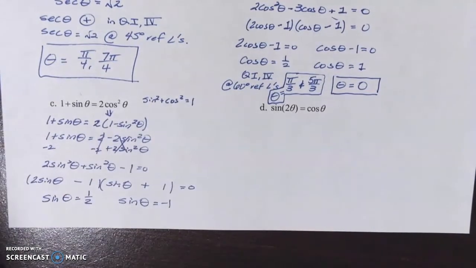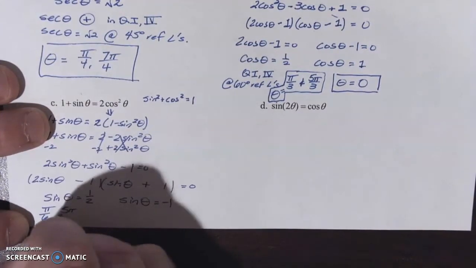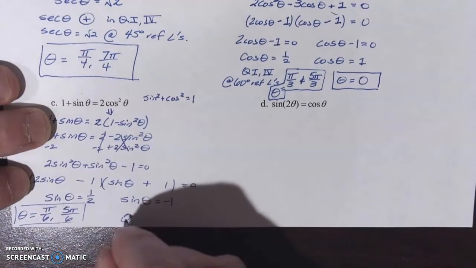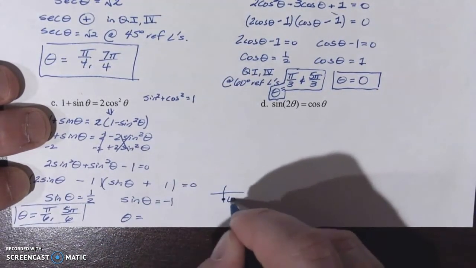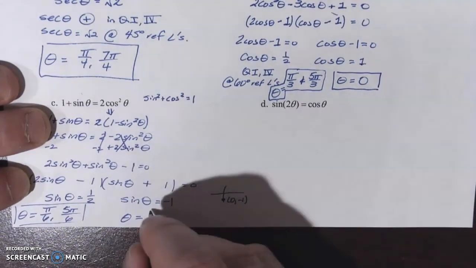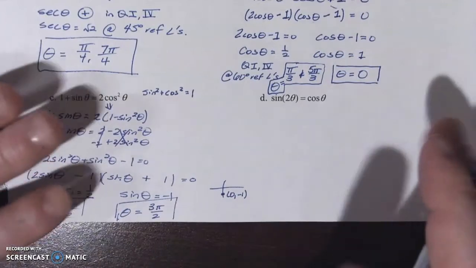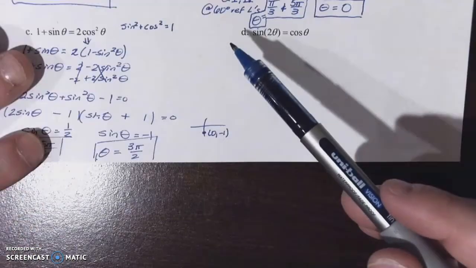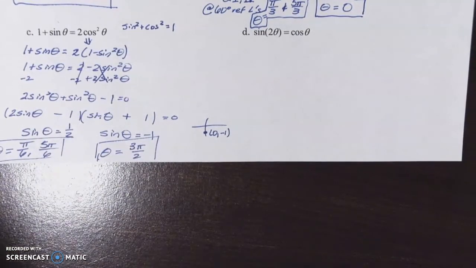Just again, your unit circle knowledge here. So this should be pi over 6 and 5 pi over 6. Sine of theta is -1 down here, where it's 0, -1, that's at 3 pi over 2. Again, if the directions to this problem said all possible solutions, all we would do is attach a plus 2 pi k to these answers, where k is an integer.